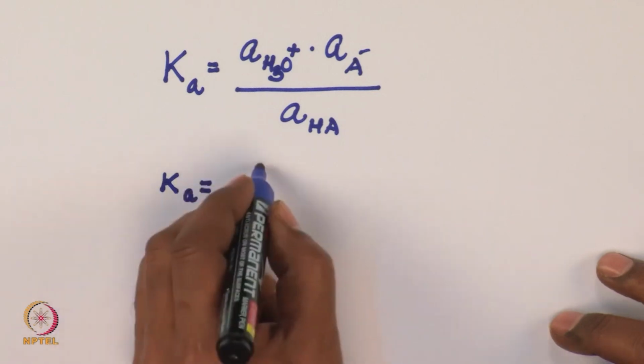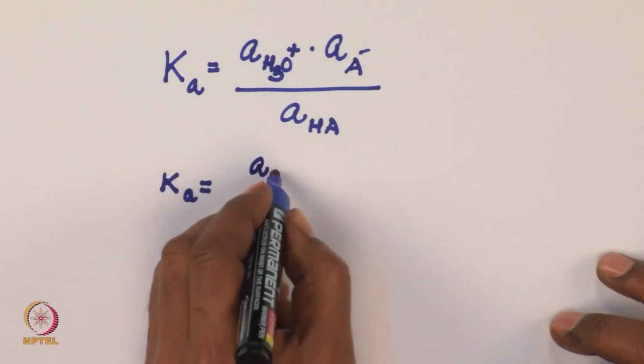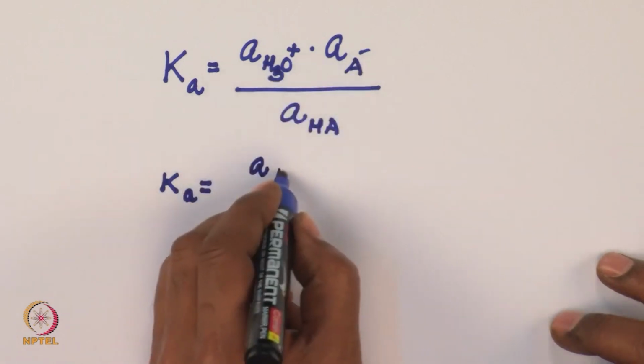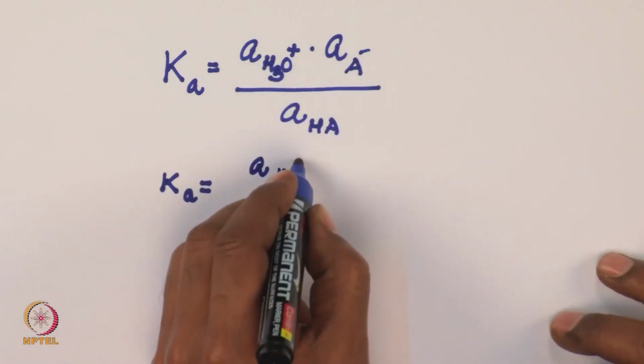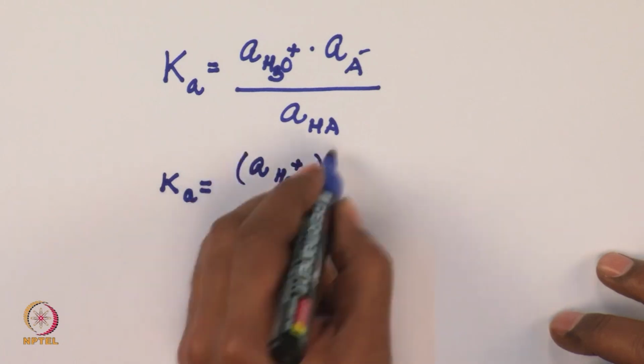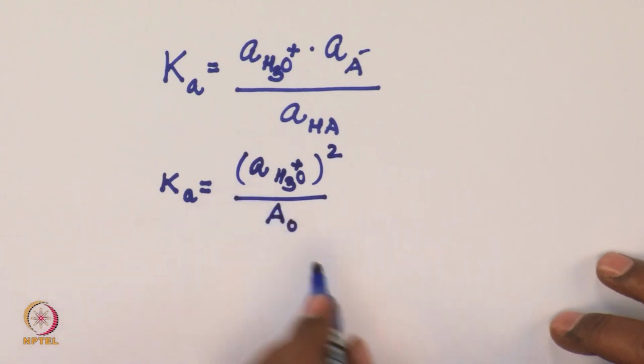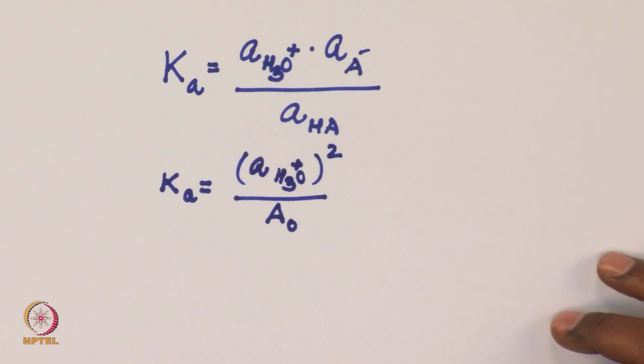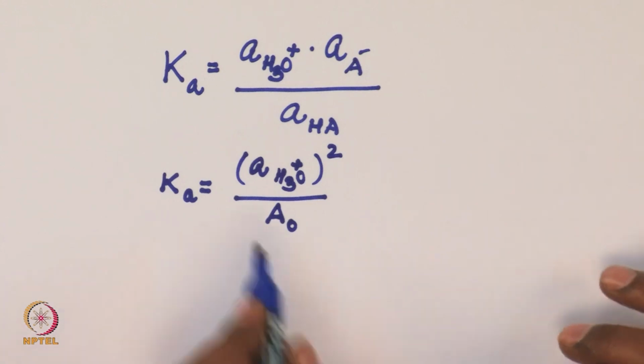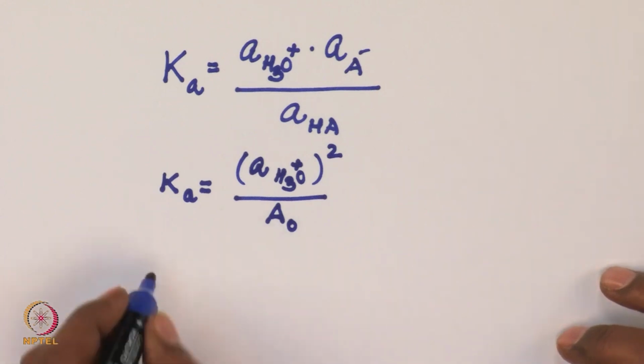So, if I equate these two activities, I can write this as H3O plus raised to the power 2, and this I will retain as A0 because this is hardly dissociated. Acid is hardly ionized. We can ignore the extent of ionization and write this approximately as the initial concentration.